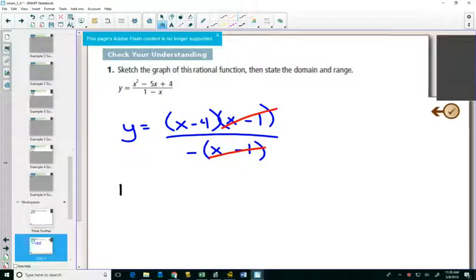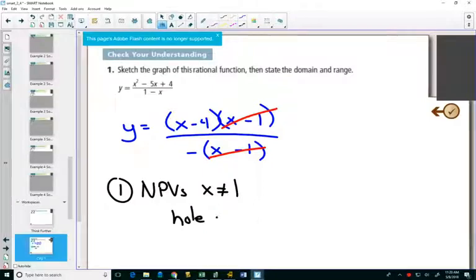So when I get to step 1, well, my non-permissible value is x can't equal 1. And that's going to be a hole at 1 comma something. Now, whenever you have a hole, to find the y-coordinate of the hole, what you need to use is your new equation.